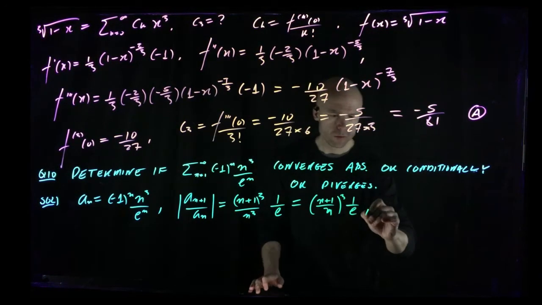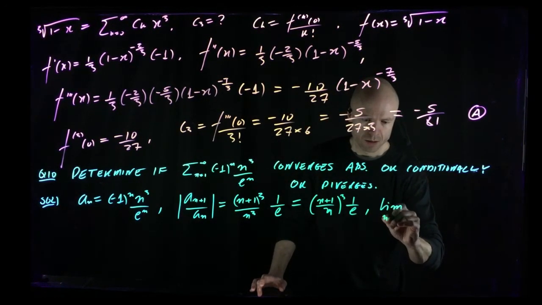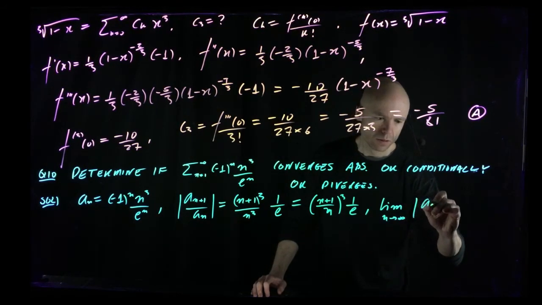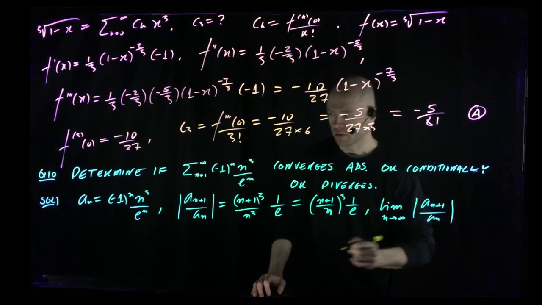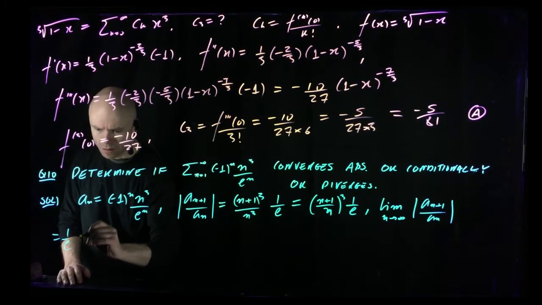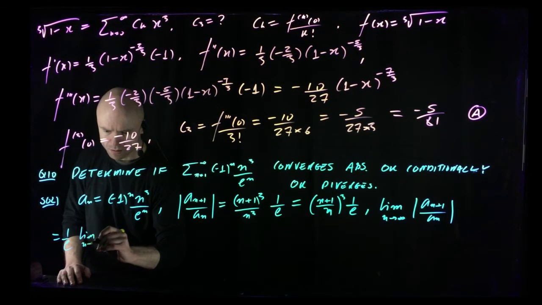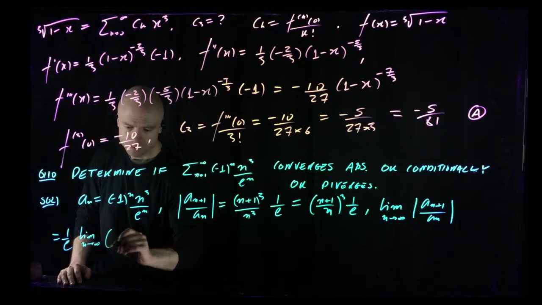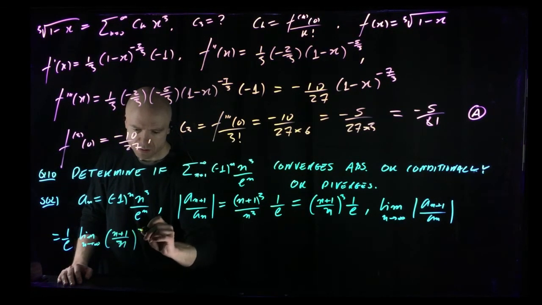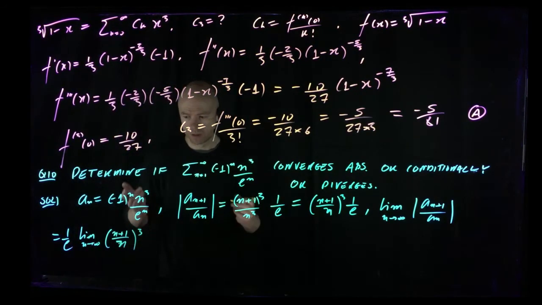And if we take the limit of this thing as n goes to infinity, I've done this a few times. You can pull out this 1 over e, and it's just the limit of this thing over n^3.